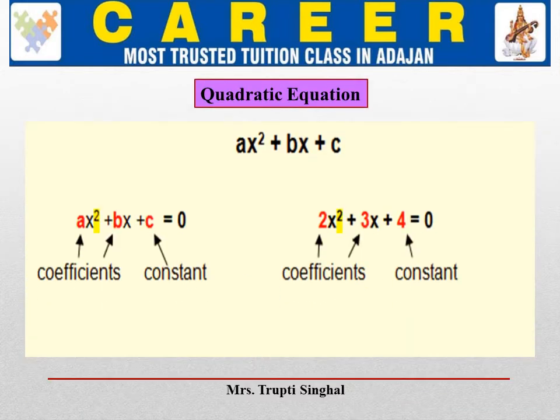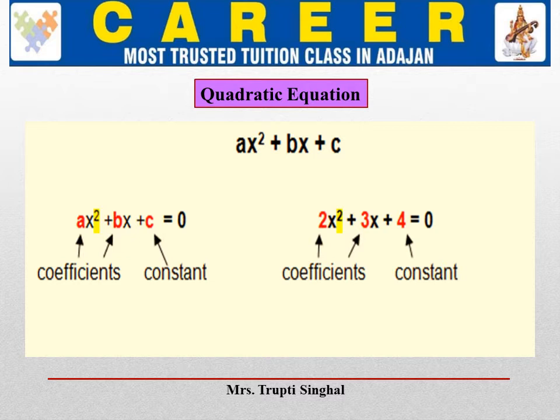We categorize it as a quadratic equation if the general formula is ax square plus bx plus c is equal to 0. Some students are confused between the coefficients, the variable and the constant. So please make it very clear, as we use the coefficients a, b, c of the equation in our next sums.